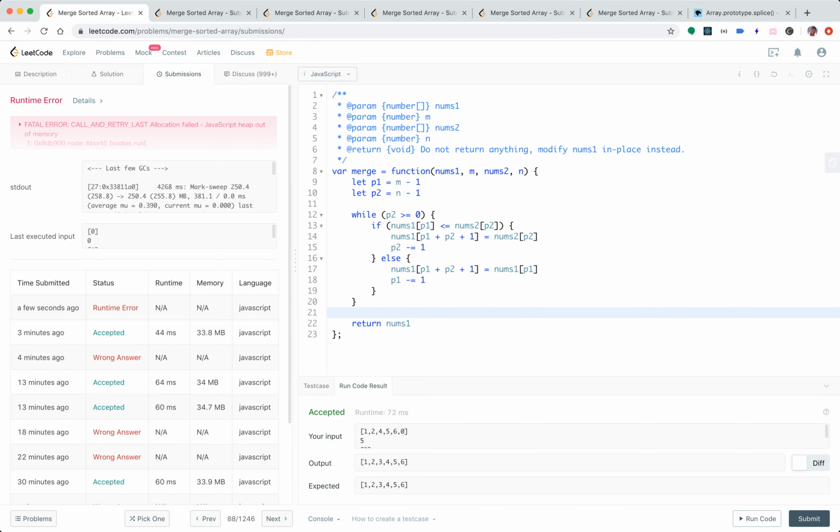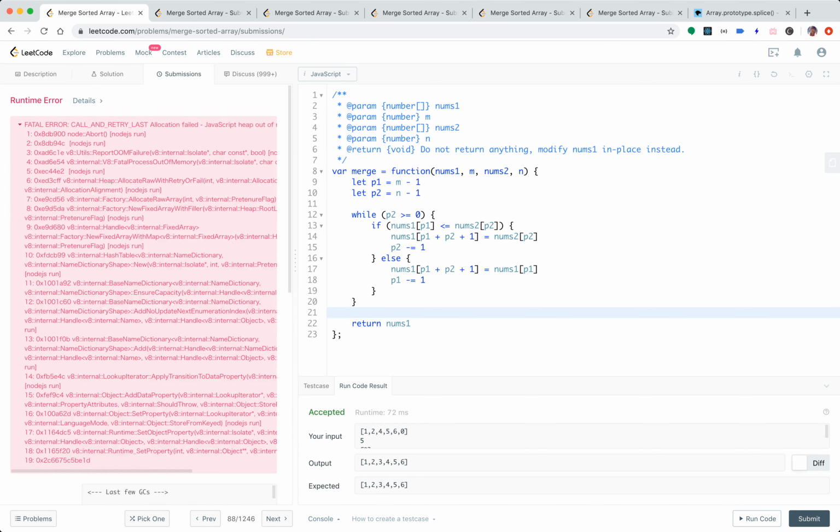Hit out of memory. So for this case, the p2 would always not be 0. So the p1 plus p2 should be bigger than 0. Right?